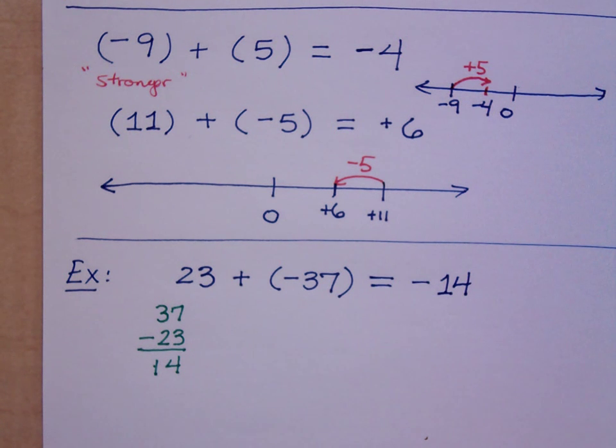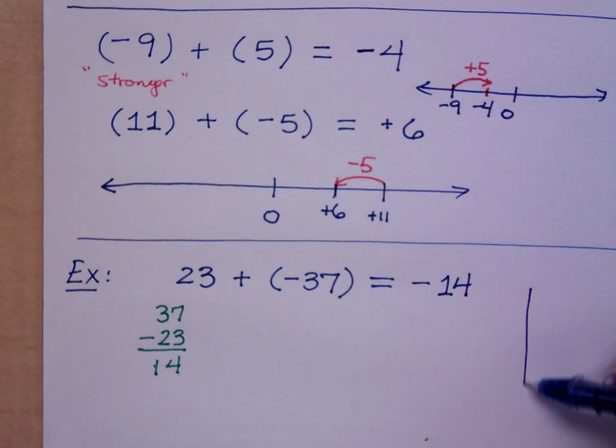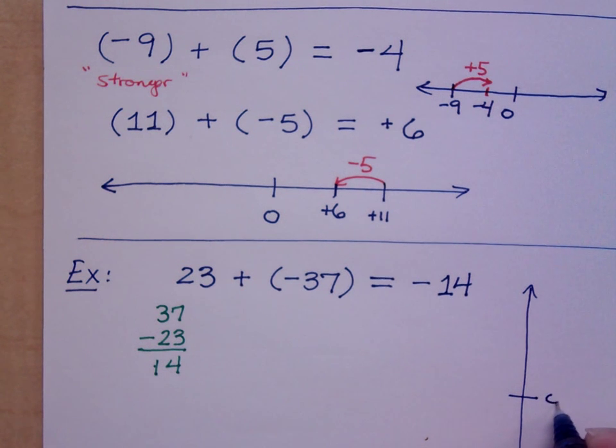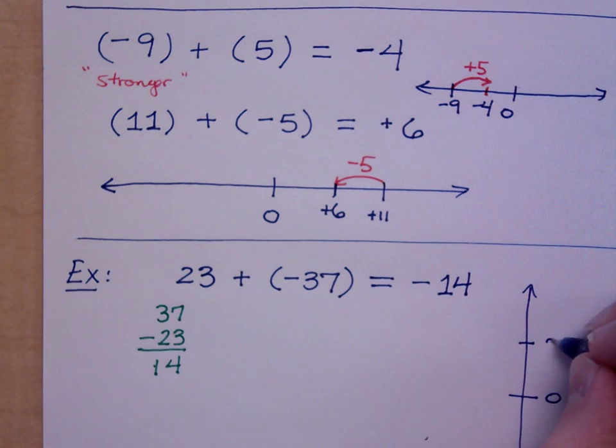You know, maybe the number line is not the best representation for you. Maybe if I did it vertically, maybe that would help you out. Okay, suppose I have 0 right here. We're trying to figure out, it's always about the net change. If you are up here at 23, that's a positive 23, right? Are you guys okay with up being positive and down being negative? Yep. You see that in terms of temperature, you see that in terms of sea level and elevation.